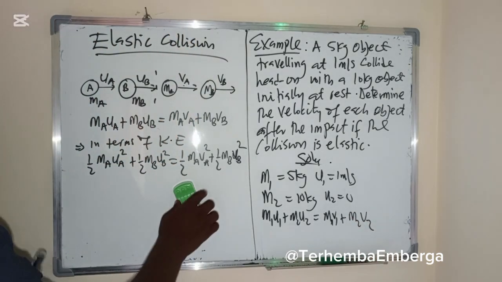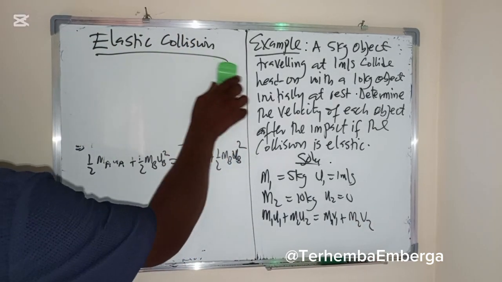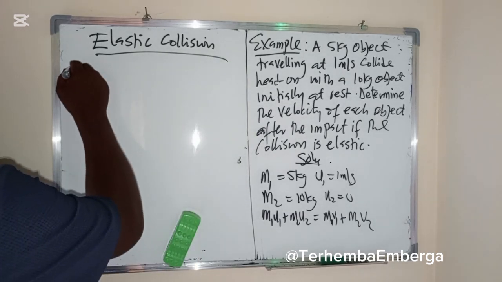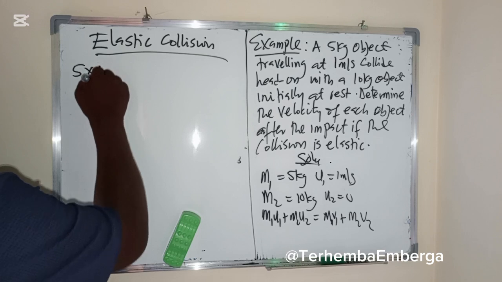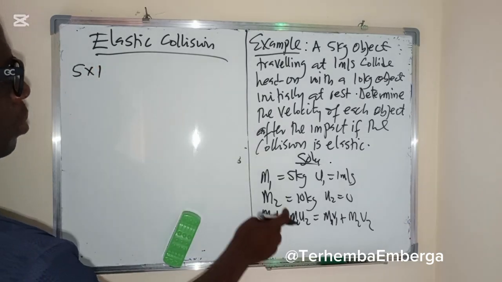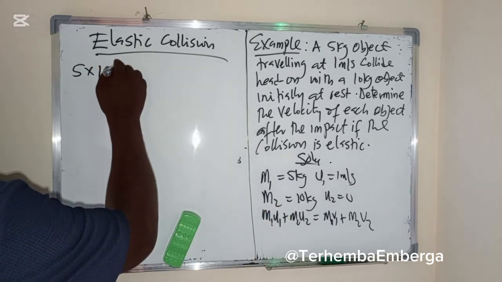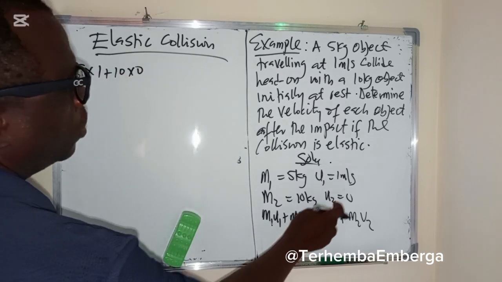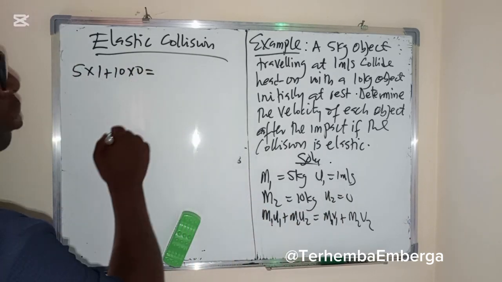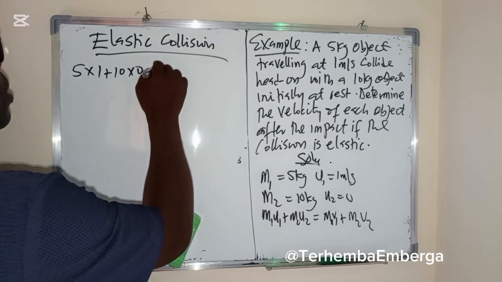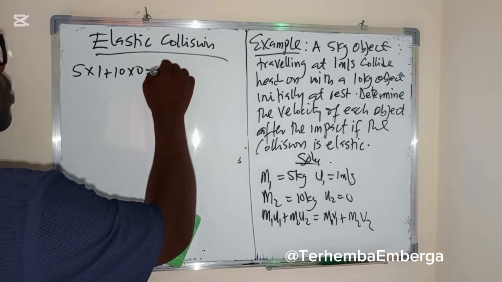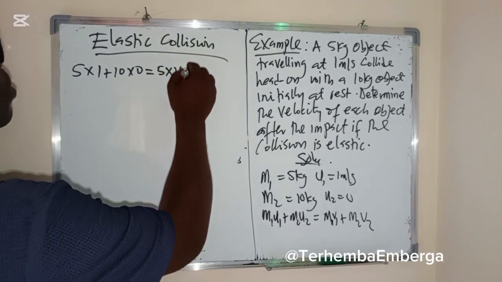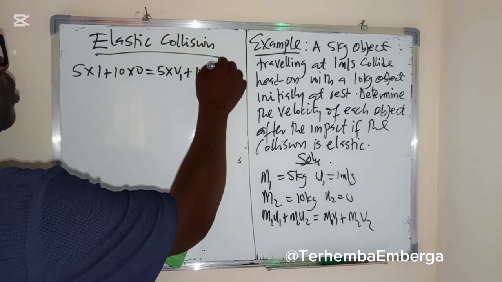By the time we substitute, we have M1 is 5 times 1 plus M2 is 10 times 0, because U2 is 0, equal to M1 is 5 times V1 plus M2 is 10 times V2.